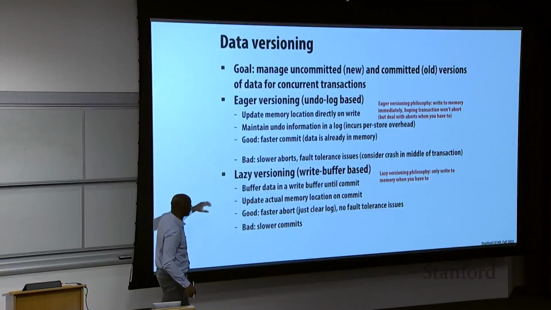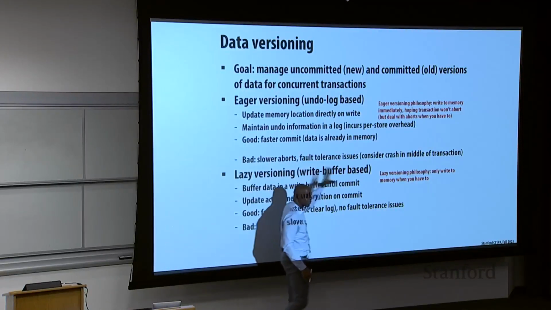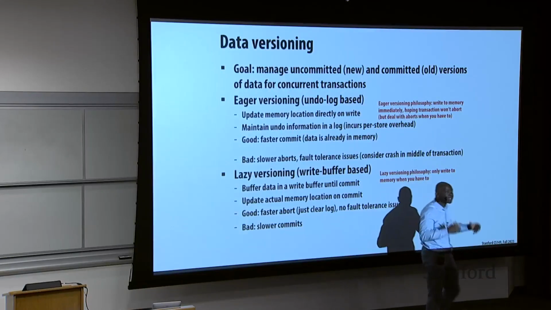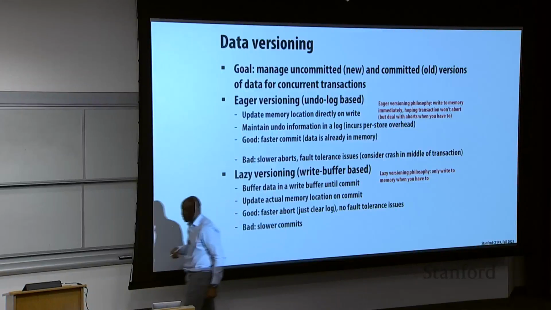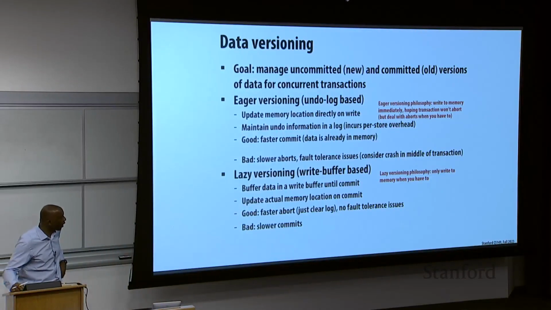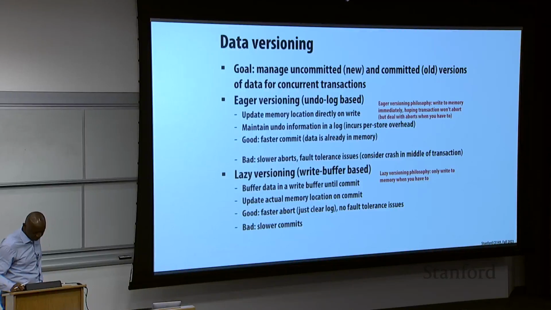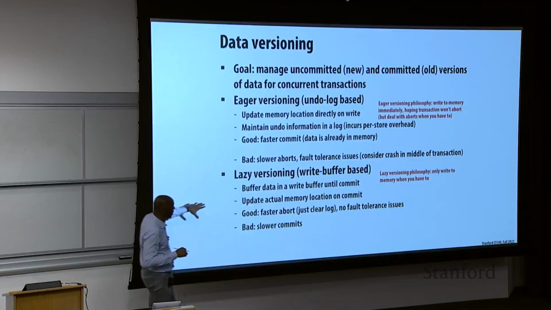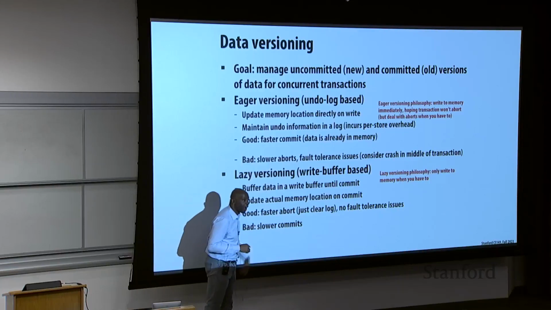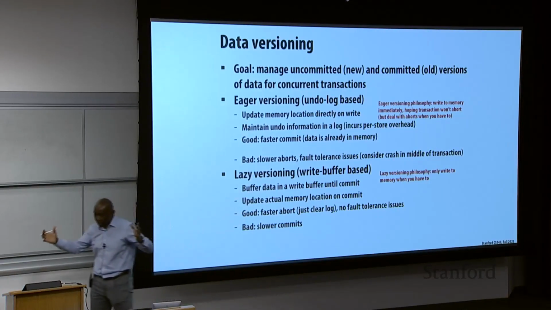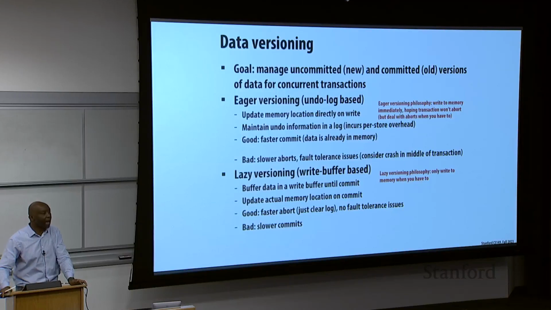But the problem is that we have slower aborts, and because we've updated memory, managing fault tolerance is trickier, because we have to figure out how to restore memory in ways that may not be completely obvious. Lazy versioning uses a write buffer, so we potentially have multiple places to check. It gives you faster aborts because you just throw away the write buffer, but commits are slower because you need to take the contents of the write buffer and apply them to memory.